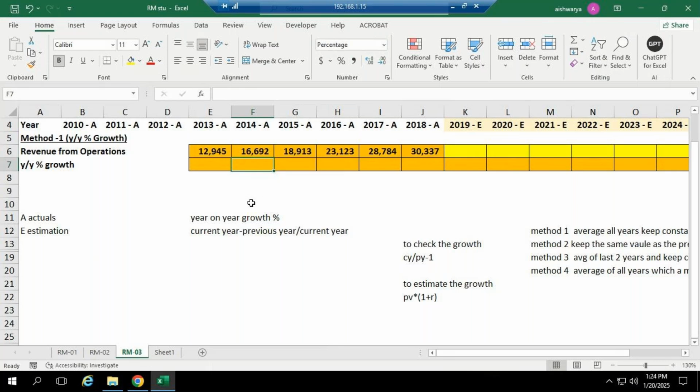So how to find this out? It is equal to current year minus previous year, divided by current year. Understanding what I am saying?